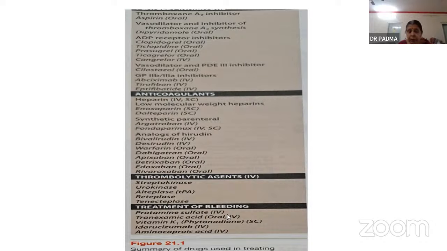Now the most common ones are low molecular weight heparins, but because they have to be given parenterally, we are using either the analogs of hirudin or the thrombin inhibitors, or we are using the oral ones like rivaroxaban, dabigatran, warfarin, and apixaban.